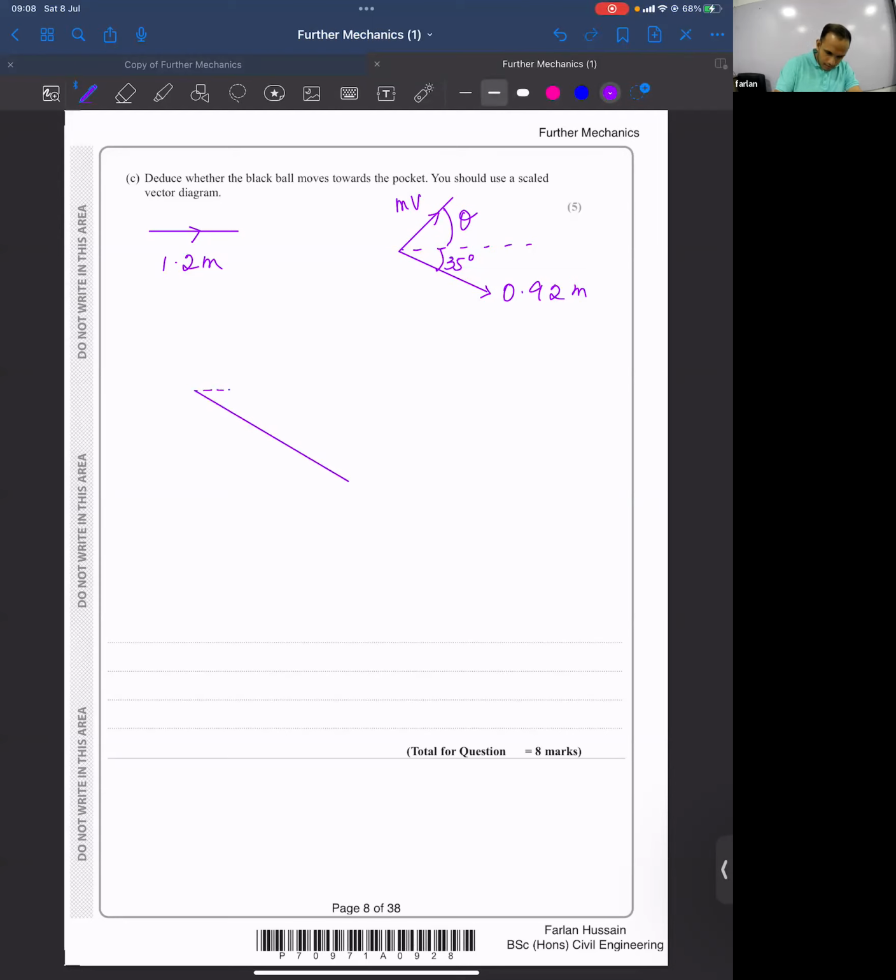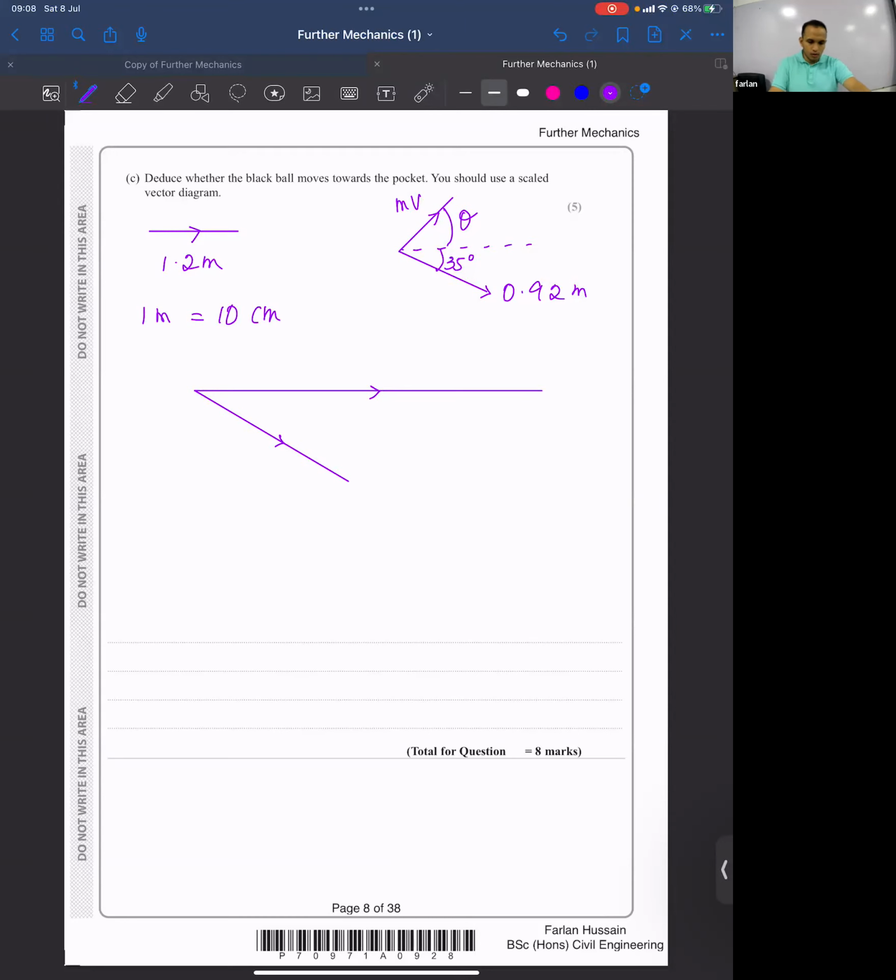And this is 1.2 m. So guys, I'll take a scale of 1 m, I will take it as 10 centimeters. The momentum of 1 m is equal to 10 centimeters.